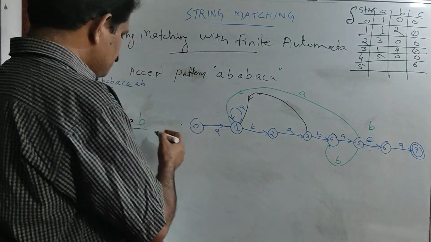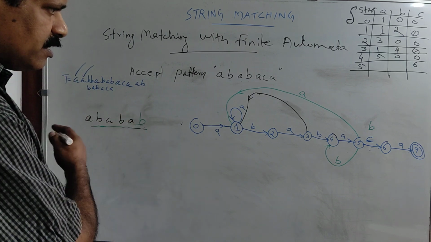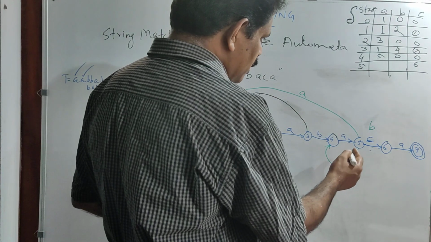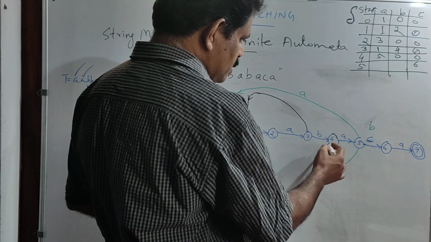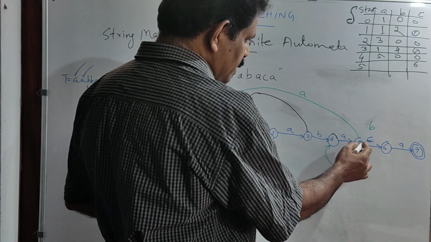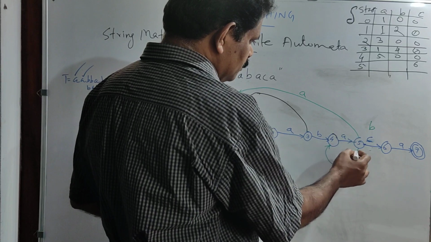So considering previous characters, you will be doing a transition to stage 4 on receiving a B on stage 5.